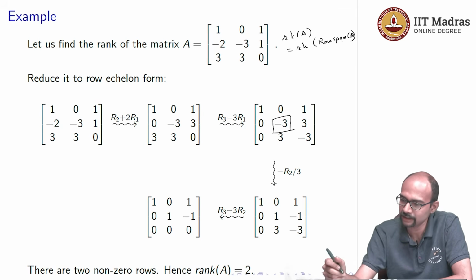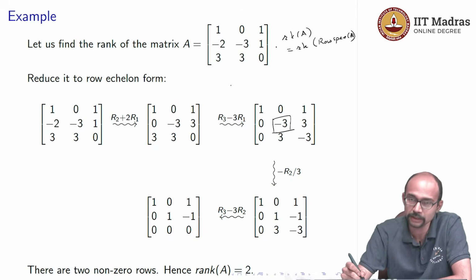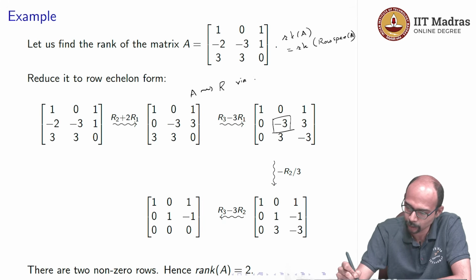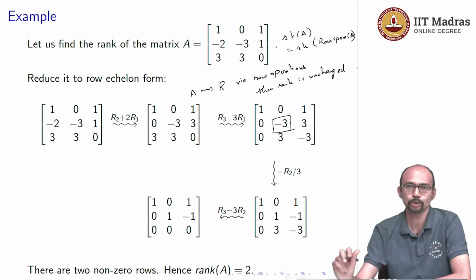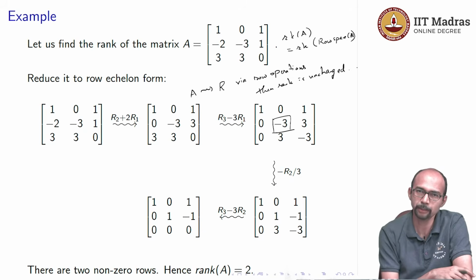But what we are saying is that if you reduce it to reduced row echelon form or row echelon form, so if you change A to R via row operations, then the rank remains unaffected. Okay. So, the rank does not change under elementary row operations.